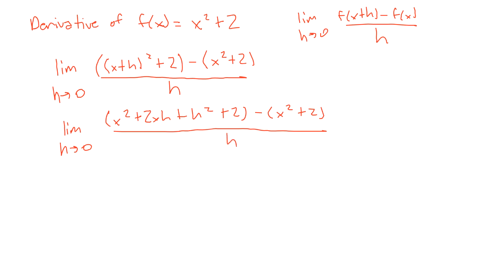All right, so now let's see if we have any terms that can factor out. So far we can get rid of these two x squareds as well as the two 2's.